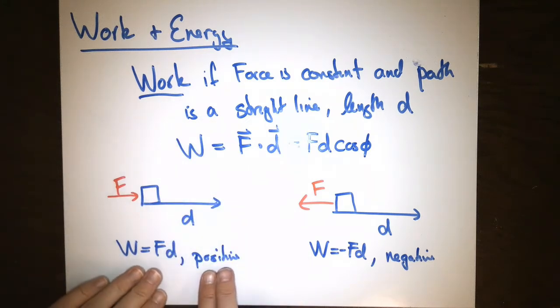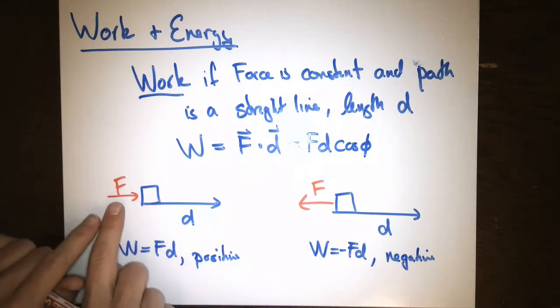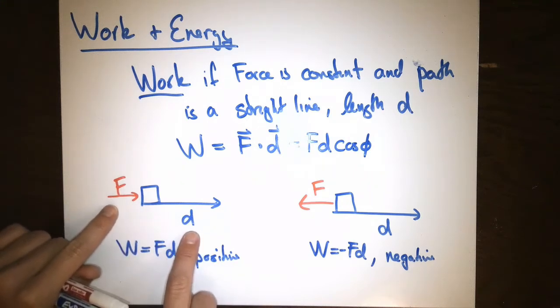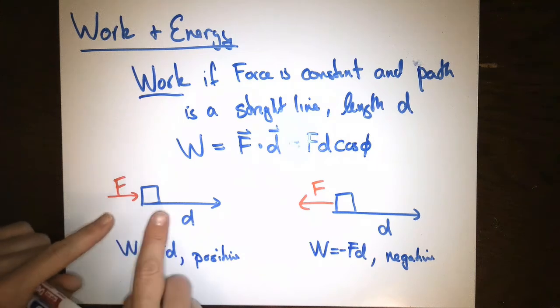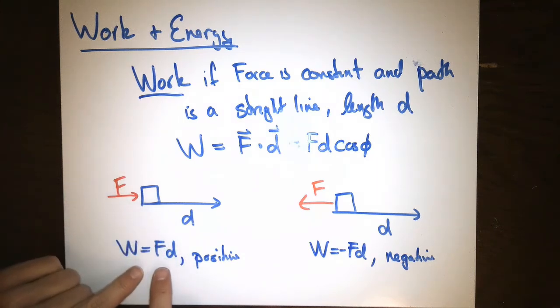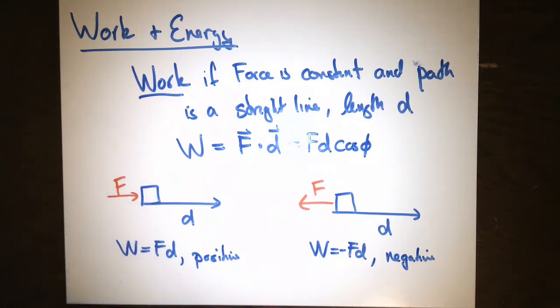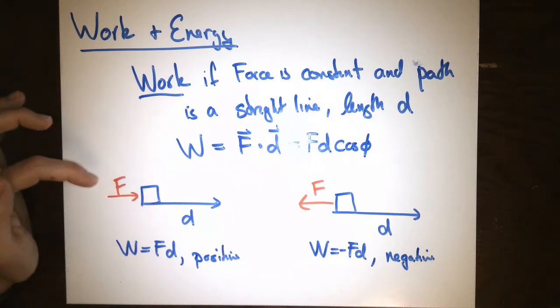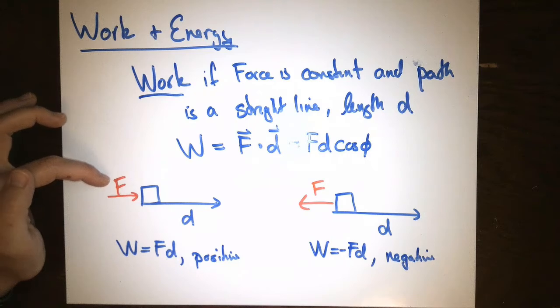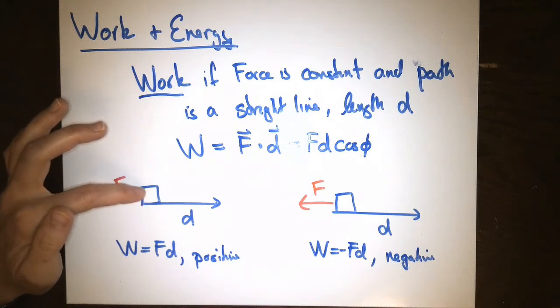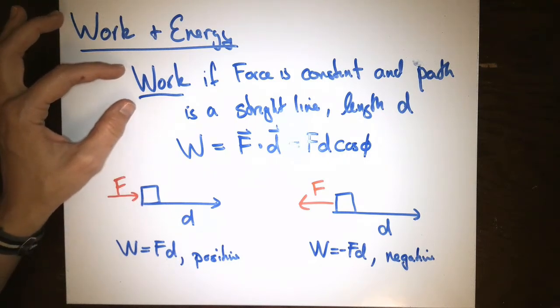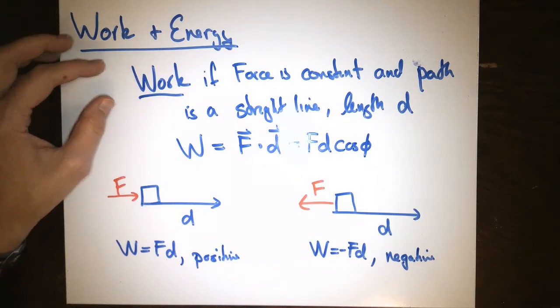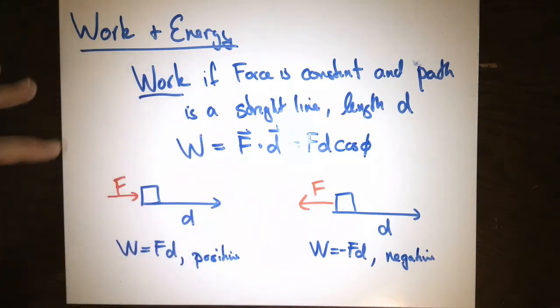So in this case, where the force and the displacement are in the same direction, they're truly parallel, and work is positive. What this is actually saying is there's positive work being done on this object, and that means there's energy being given to this object, because that's what work really is. Work is a way to keep track of how energy is flowing into and out of objects.